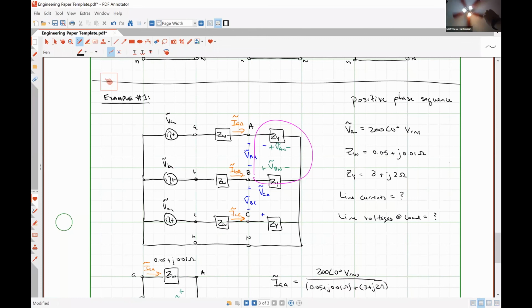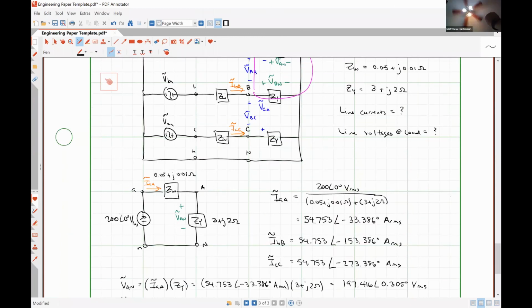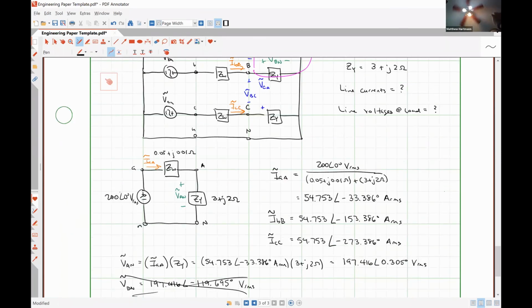But a single-phase equivalent circuit breaks that down into this, in my opinion, trivial guy right here, where we can use Ohm's law and techniques like voltage division in order to get the results that we need very, very quickly.